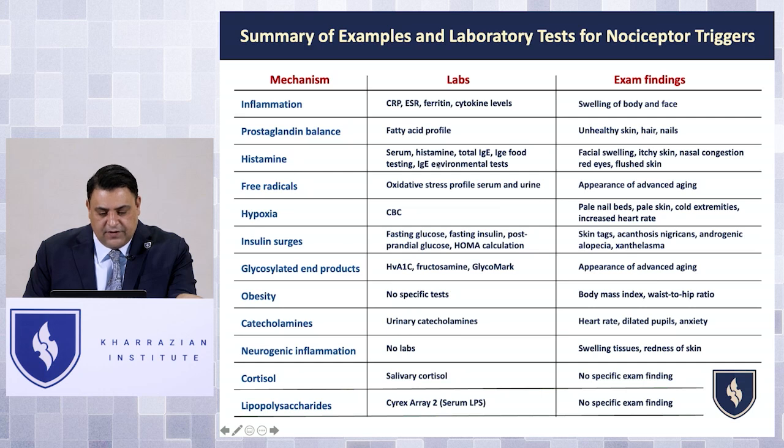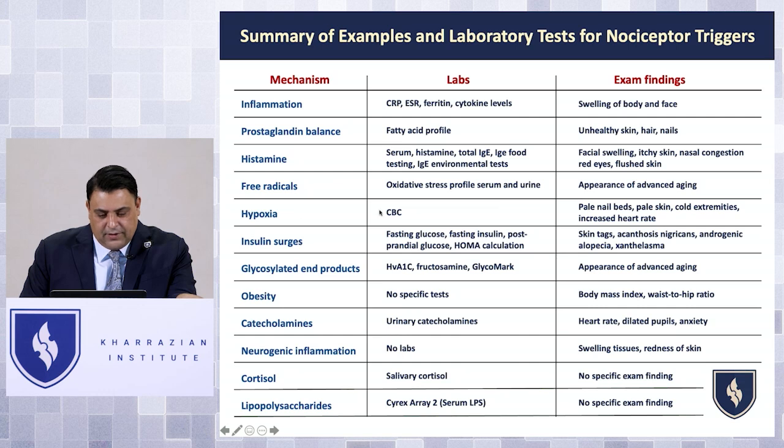Histamine, you can measure serum histamine, total IgE, to food, to environmental agents. And facial swelling, itchy skin, nasal congestion can be clues there. And then free radicals, oxidative stress profiles can be done for serum and urine to look at their free radical status. And just the appearance of advanced aging is always a clue to you they have free radical issues, right? So if they look like they're older than they are.